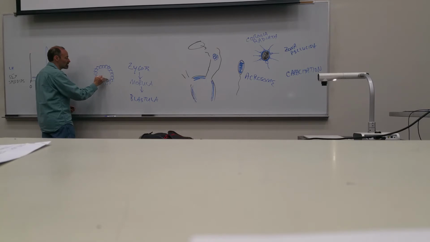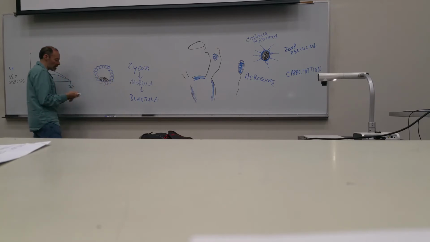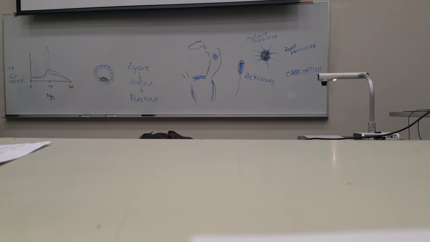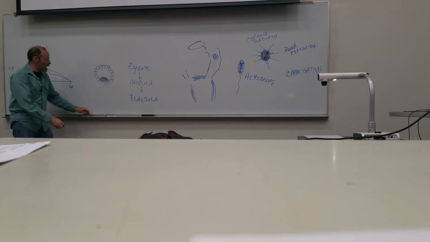You're going to notice that there's this glob of stuff in there. In other words, even at the blastula stage, there's kind of 2 distinct sections to the blastula. Timing-wise, by the way, humans reach the blastula stage about 3 days after fertilization, if anybody's interested. So there's 2 distinct areas to the blastula.